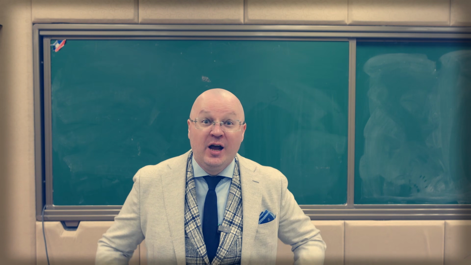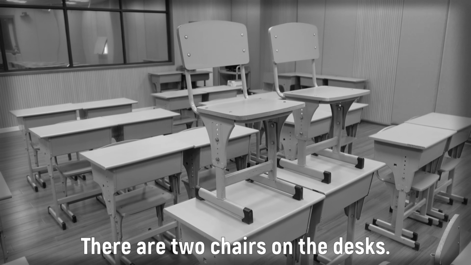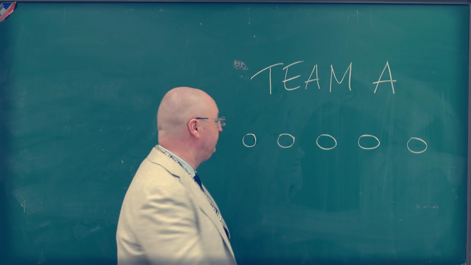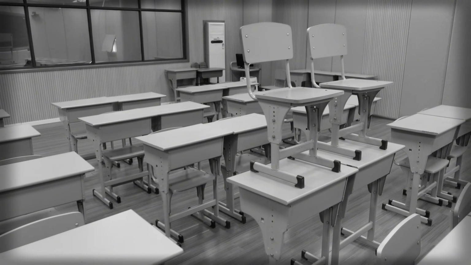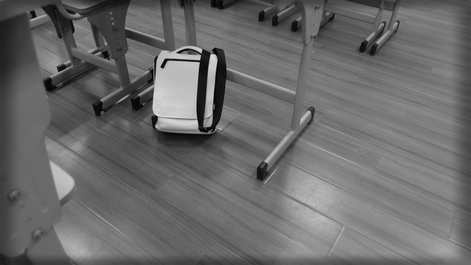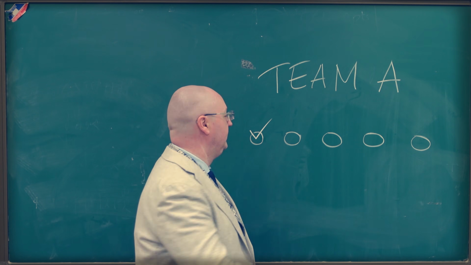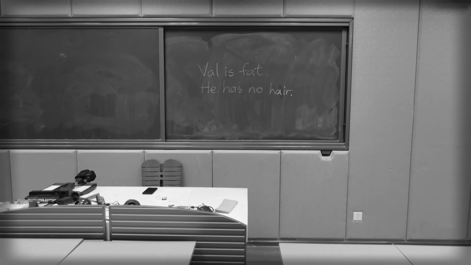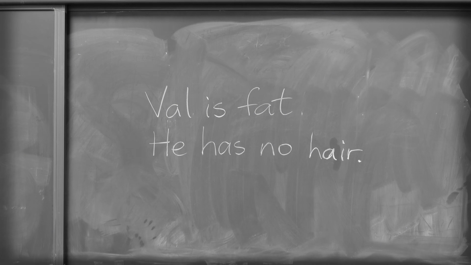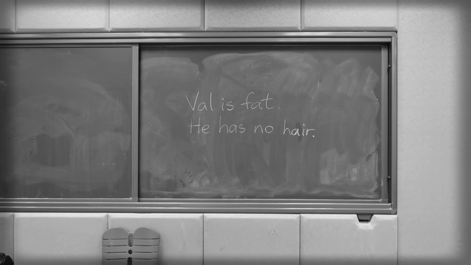So, what do you see? I see it. There are 2 chairs on the desks. Yes, that's right. There is a school bag under the desk. Good, well done. There are 2 sentences on the blackboard. Excellent!